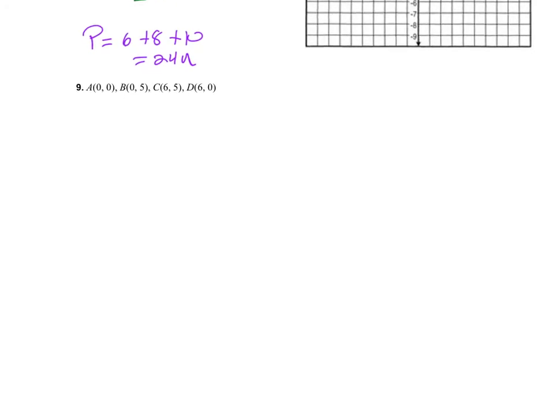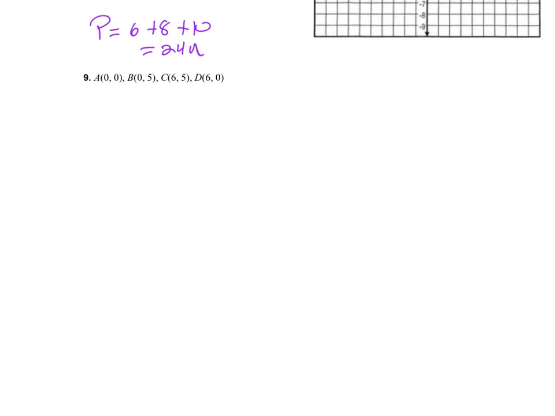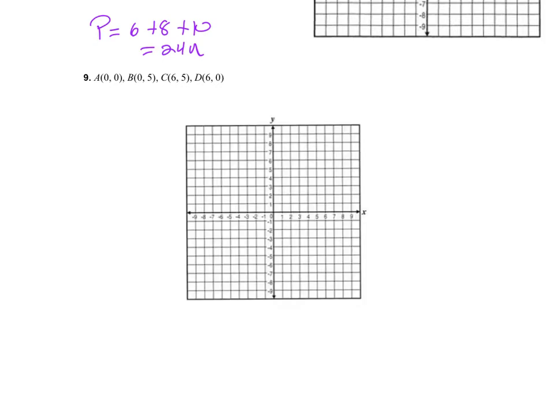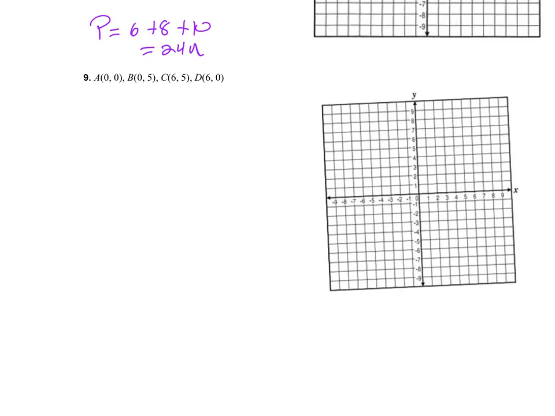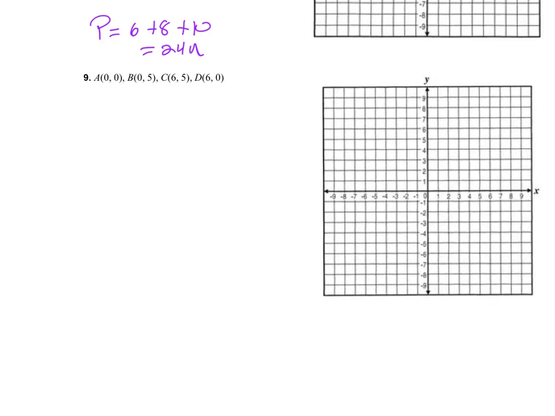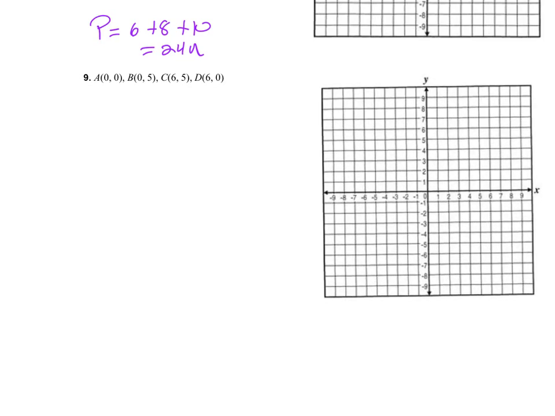Next one. Again, I'm going to start by plugging in the information right there. So let's mark those points. A is 0, 0. B is 0, 5. C is 6, 5. And D is 6, 0.